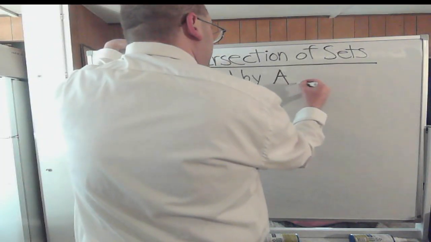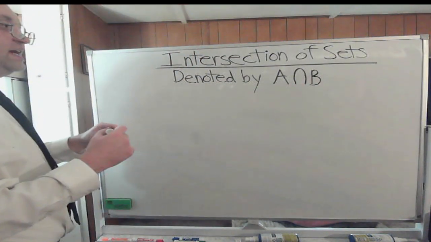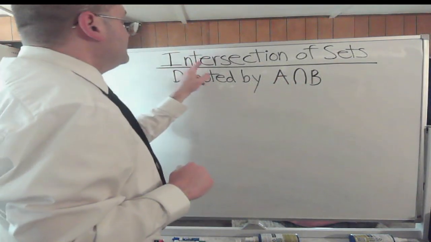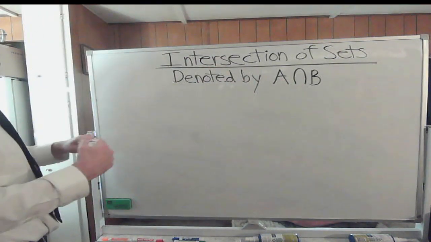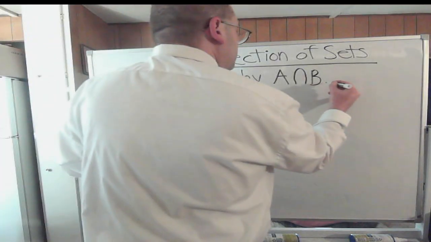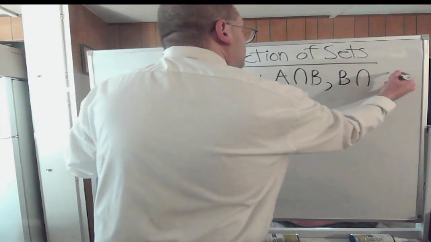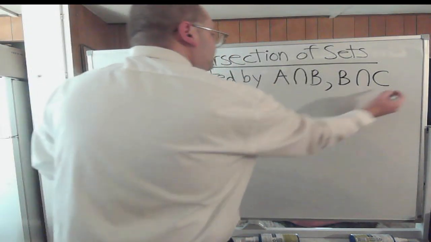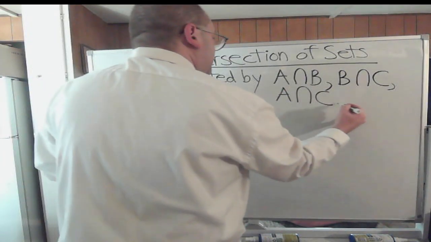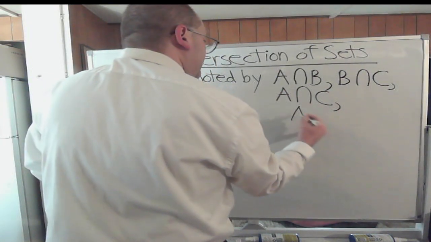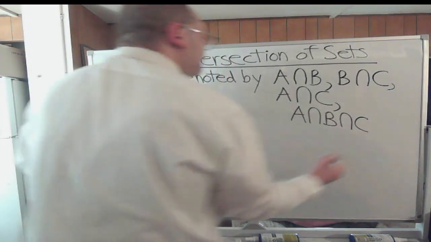But this time you'll have A, an upside down U, almost like a horseshoe, or you could think of it like an N for intersection. N for intersection. If you can remember that, you'll understand. It looks like a horseshoe, an upside down U. So it'll be A in intersection with B, B in intersection with C. What else? You could have A in intersection with C. And of course, you can do A in intersection with B in intersection with C.